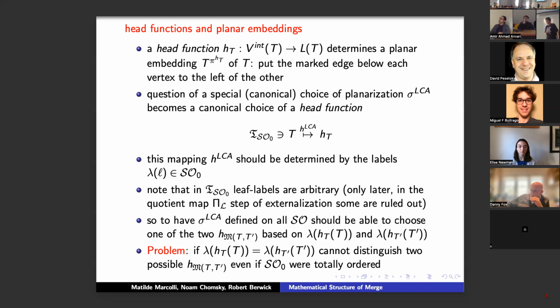And so, there is one more thing. Right now I'm just giving you this abstract definition of head function. But of course, for something to actually be the syntactic head, there's an additional requirement that you want. It's not an arbitrary choice of a head function in this sense, but one where you want to be able to define the choice of one of these head functions on the basis of the lexical items that you have assigned to the leaves.